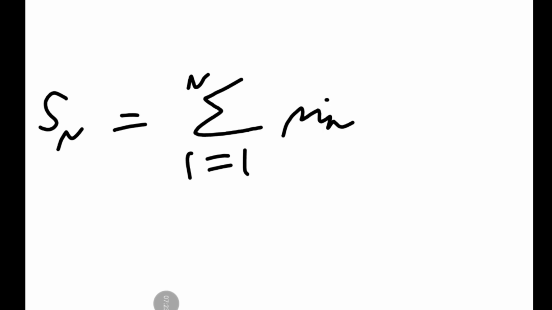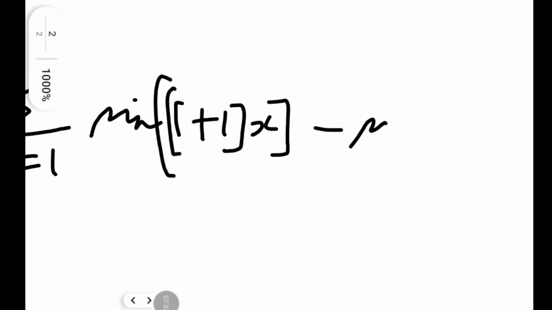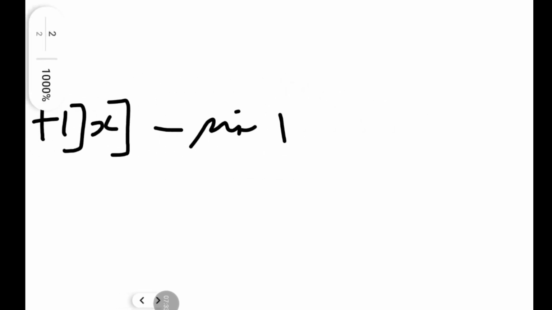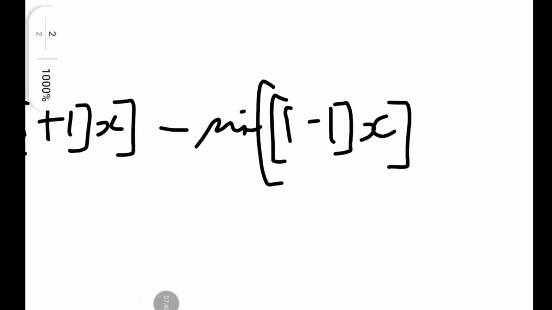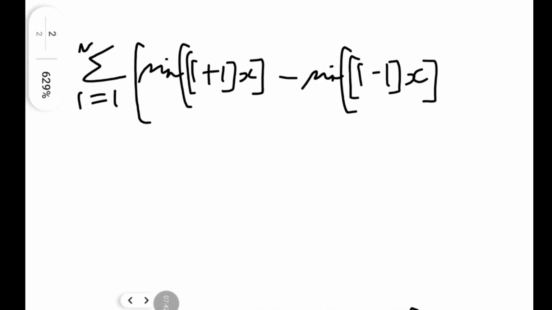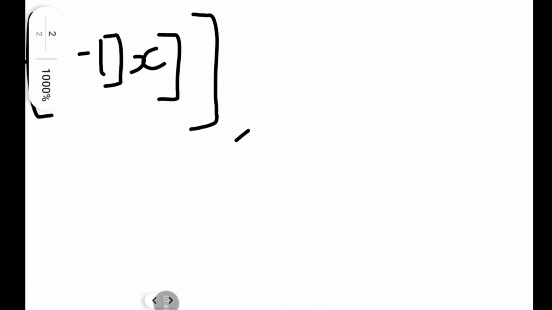So sine of (r plus 1)x, like that, minus sine of (r minus 1)x, like this, into the final brackets there. We have that there now. See, now we have a method of differences, which is actually going to be very useful for us.